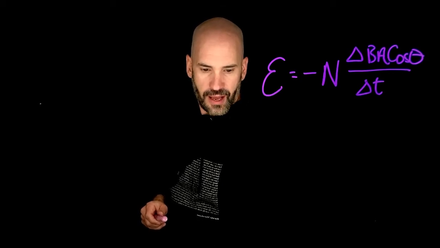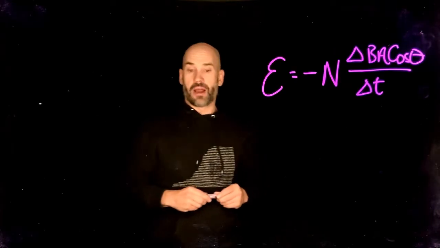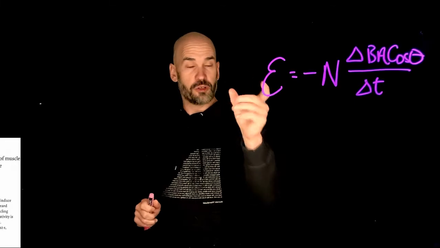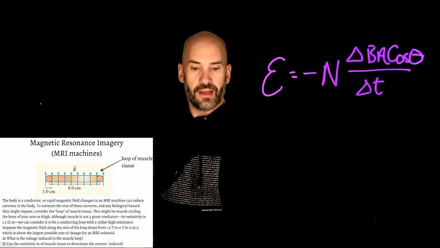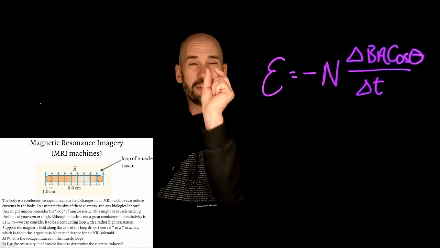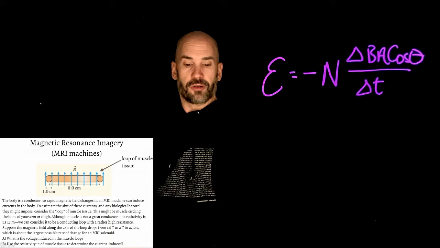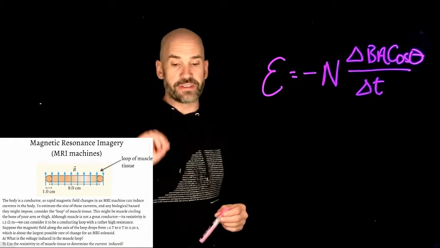All right, let's take a look at a question involving an MRI machine, okay? Because MRI machines actually work using this principle of electromagnetic induction, okay? And the loops that you're talking about are little conductive loops of muscle tissue. So the body is a conductor. So rapid magnetic field changes in an MRI machine can induce currents in the body.